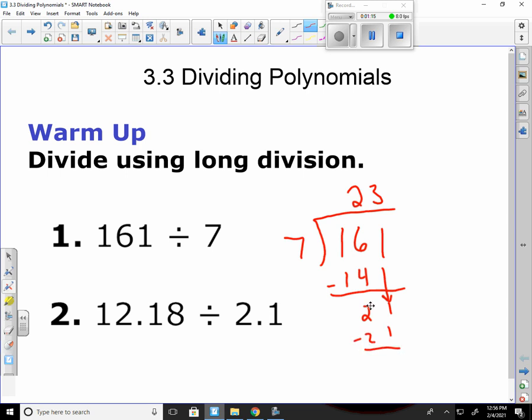And 21 minus 21 is 0. So we don't have any remainder. Or we could keep dividing out if we did have a number here by putting a decimal in and bringing a 0 down. Okay? So really, when we're looking at dividing polynomials, that's how we're going to start. We're going to start by just looking at that and completing the same process.